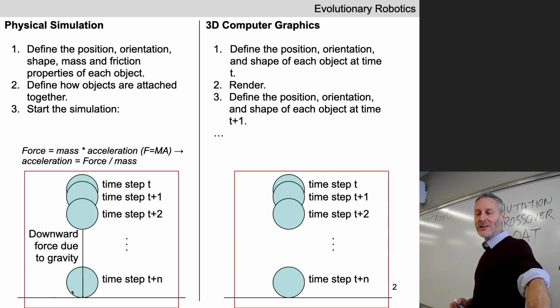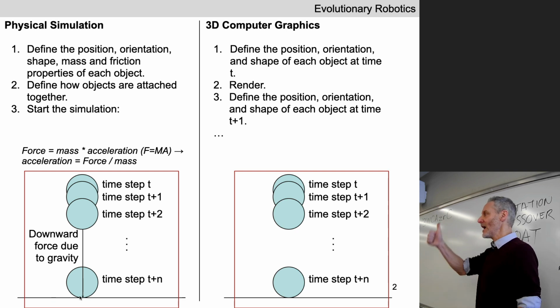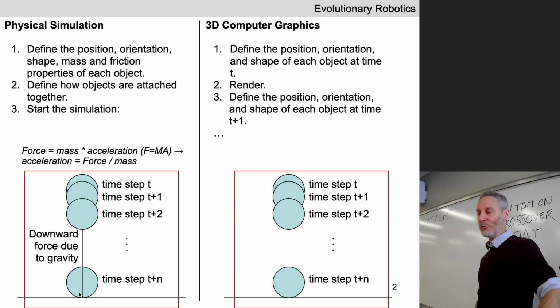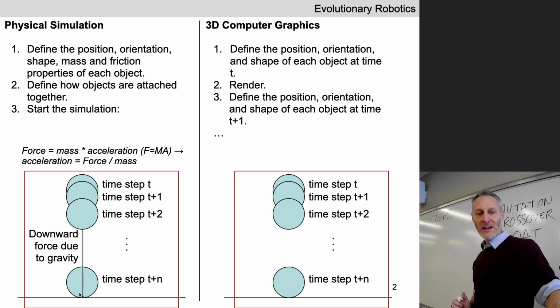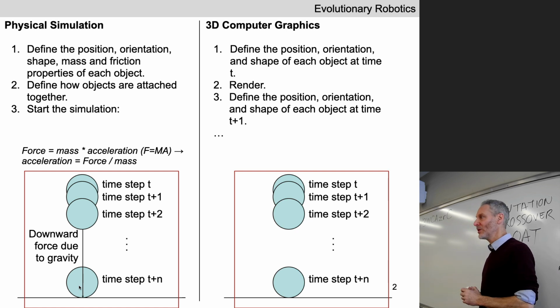The simplest way to stop this thing from moving when it comes into contact with the ground is for the ground to apply an opposing force, and the magnitude of that force is what? What magnitude of that force will cause this object to suddenly obtain an acceleration of 0? The opposite to the force that's pulling down on it, which is gravity. Right? So the physics engine is calculating all of these forces for you. You don't see any of this. It's pretty simple, but it gets pretty complicated pretty quickly.